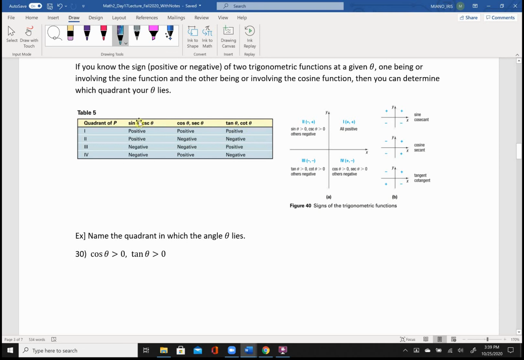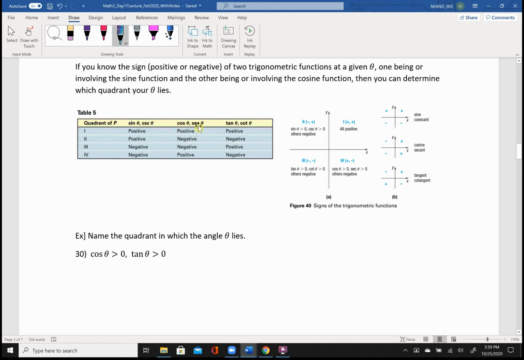They all have their own little categories here, okay? Of course, the sine is related to the cosecant because the cosecant is the reciprocal function of the sine, so they're going to have all of the same sign characteristics in regard to what quadrant they live in.